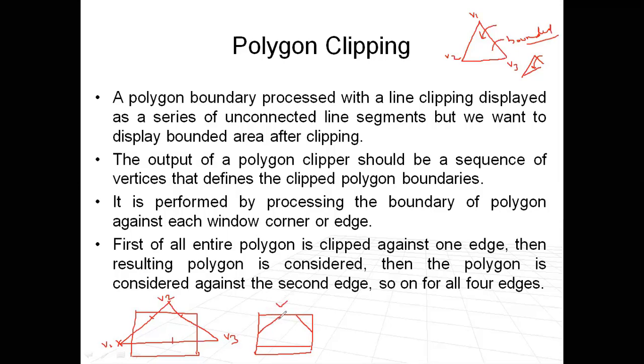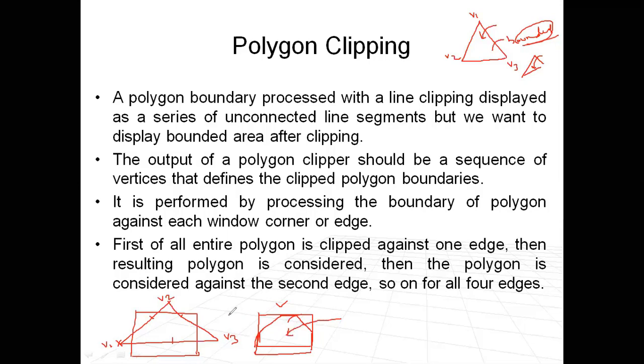When it is unconnected, it will not be a bounded region, so it cannot be filled. So we require in a polygon that all the vertices must be there, and these must be joined. Now it will behave as a bounded region, and it will be a polygon.